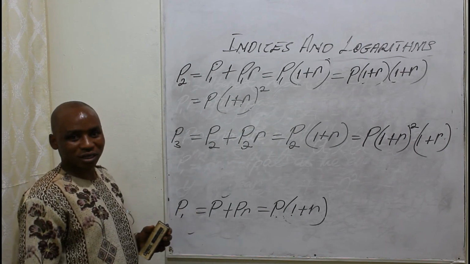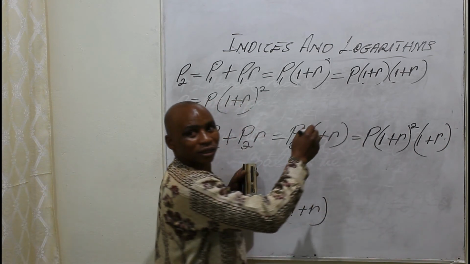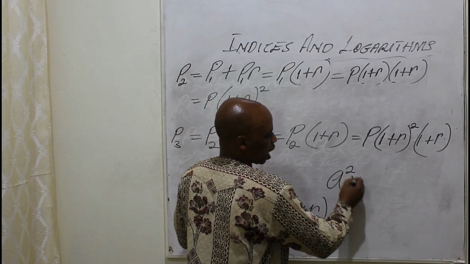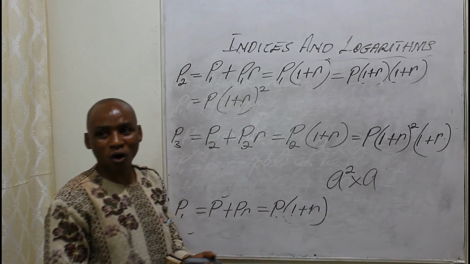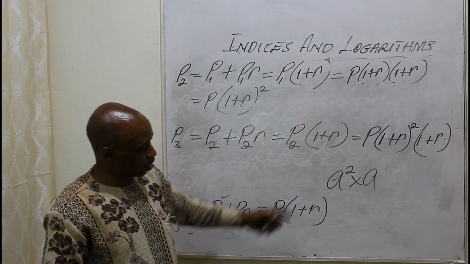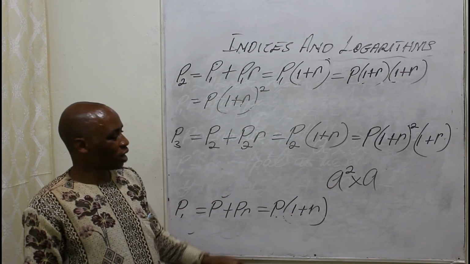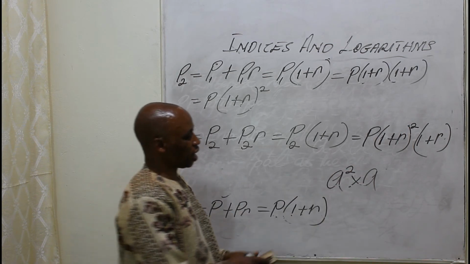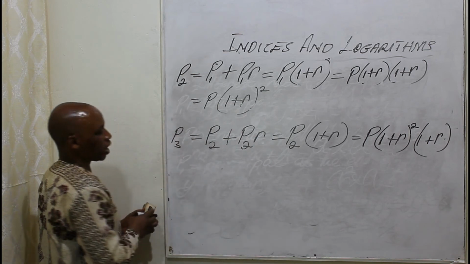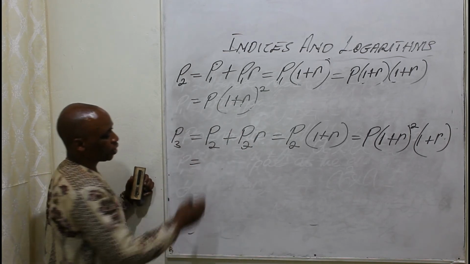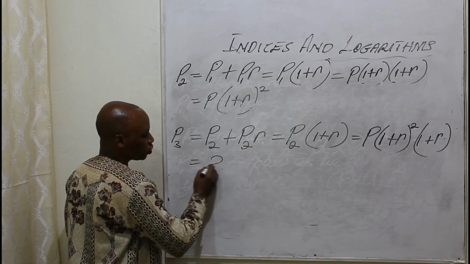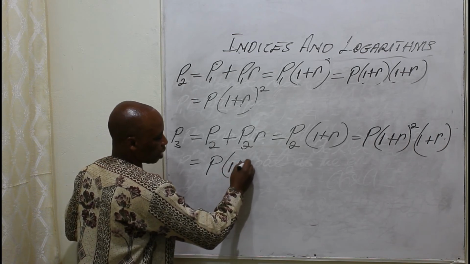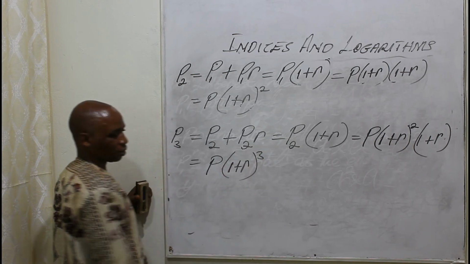Then with this, you can see that we've gotten something like A raised to the power 2 times A. Then from the laws of indices, that's the first law. Whenever you are multiplying indices of the same base, you add the exponent. Hence, we will end up getting P3 being equal to P times 1 plus R all raised to the power 3.